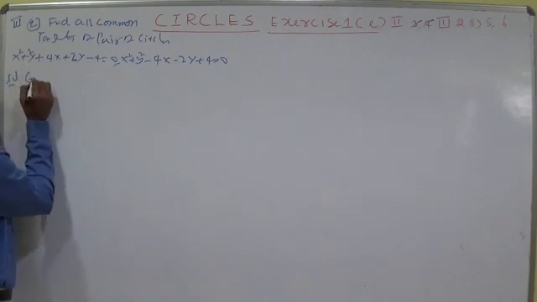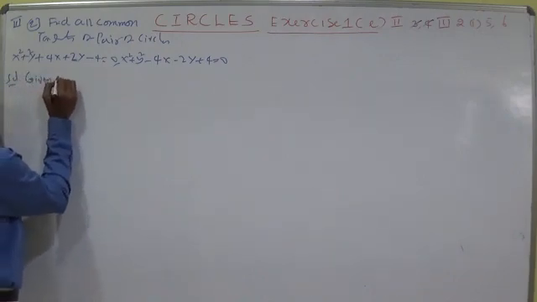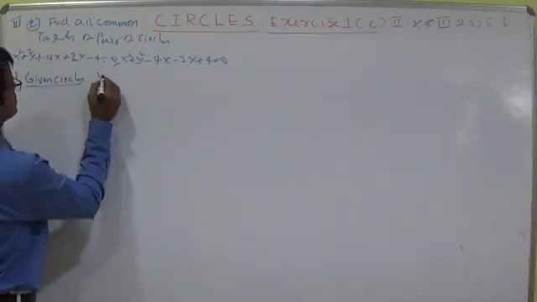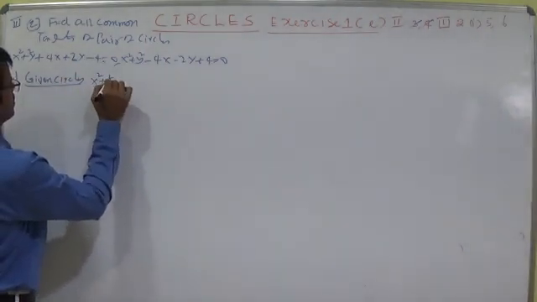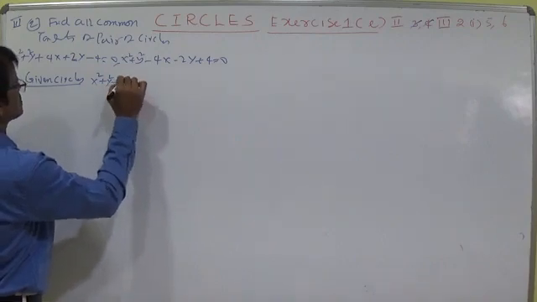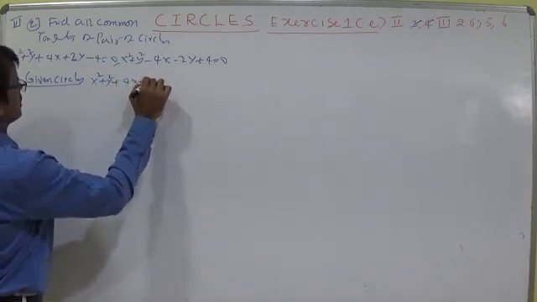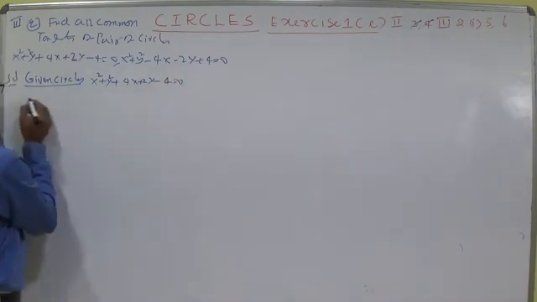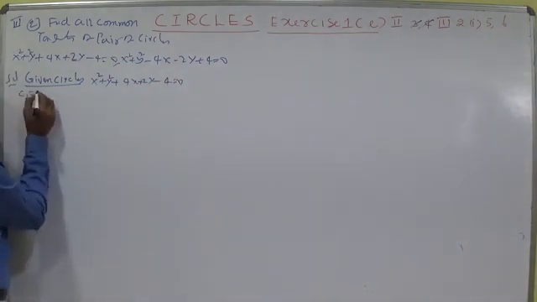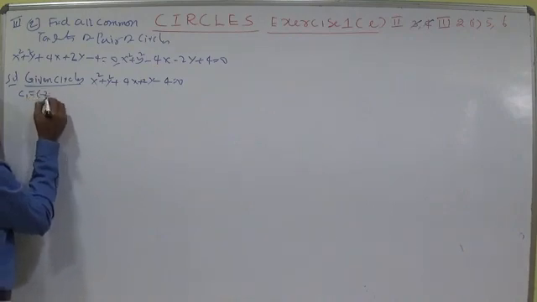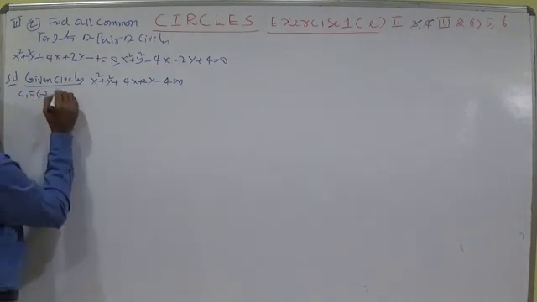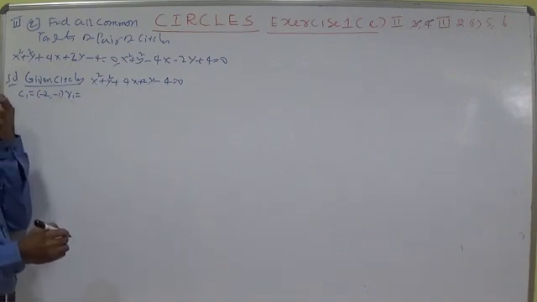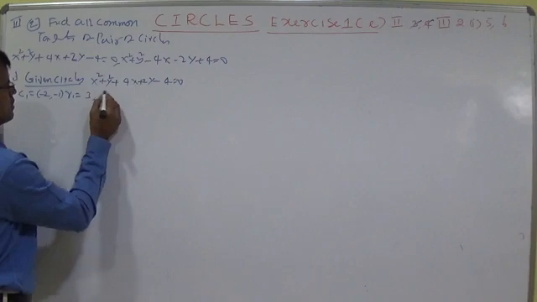Let us write the given circles. First one, x square plus y square plus 4x plus 2y minus 4 equal to 0. Let us write C1 here. C1 equal to (minus 2, minus 1), and R1 equal to root of g square plus f square minus c, 4 plus 1 plus 4, it is 3.